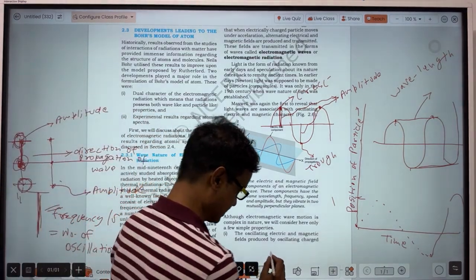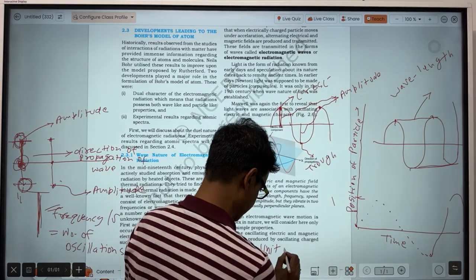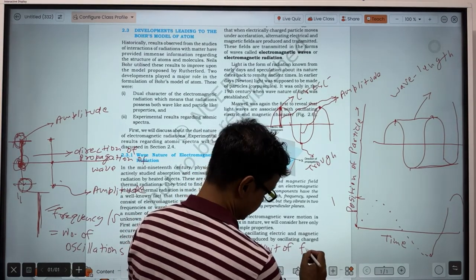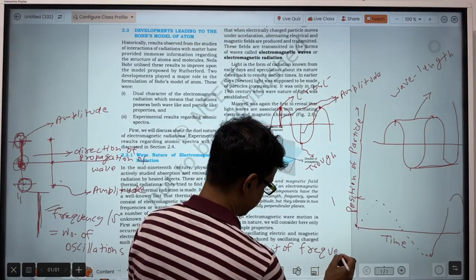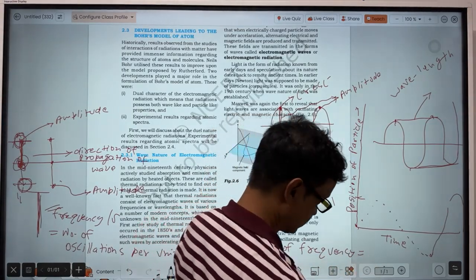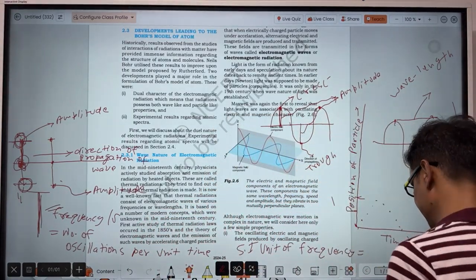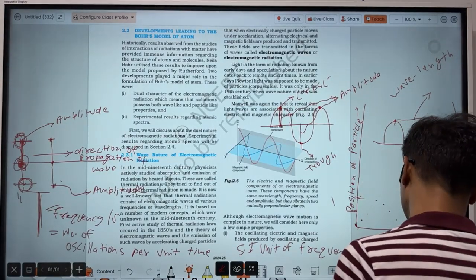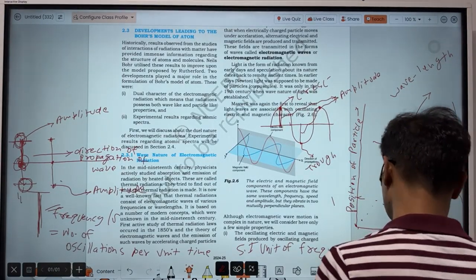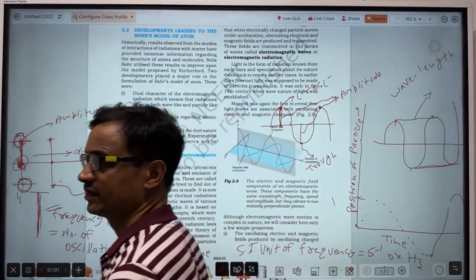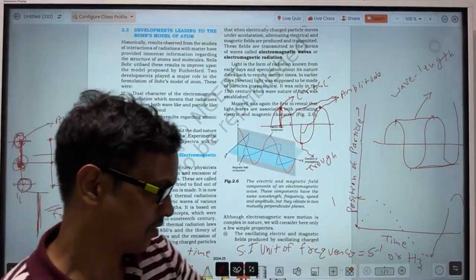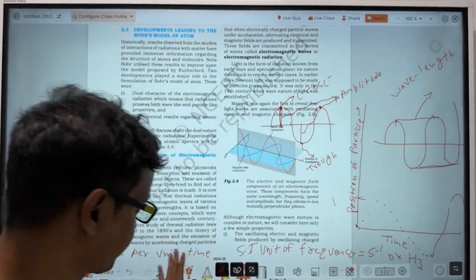The SI unit of frequency is second inverse, or that is also called hertz.